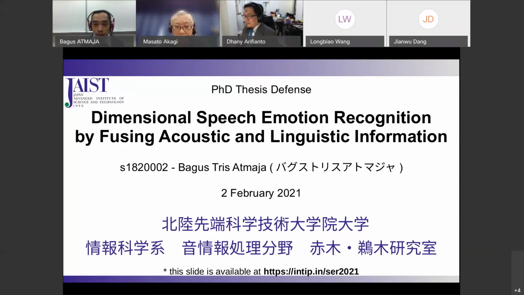But my current finding is that the last method, using late fusion, takes many steps to fuse. It's too complex, I think, to be implemented. So I think this fusion is very useful.